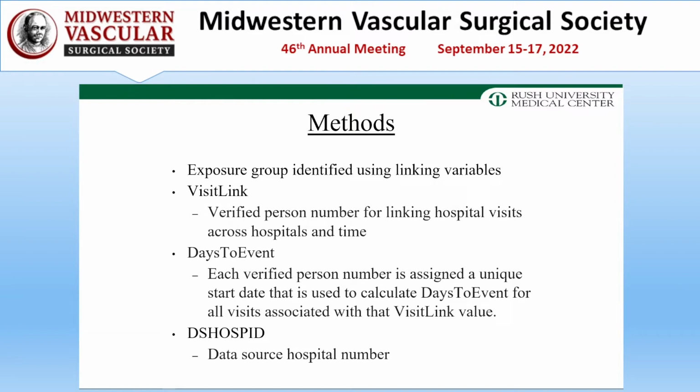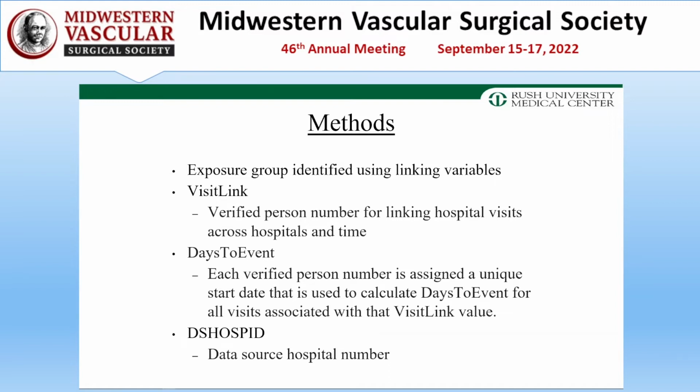The second being days to event, which is a unique start date that is assigned to each patient that places all of their visits on a timeline, allowing us to compare the time between visits and from surgery. And the third being DS Hosp ID, which is a hospital identification number.